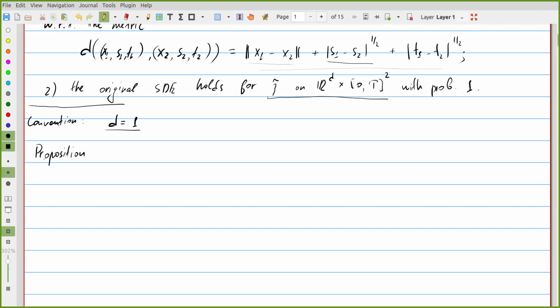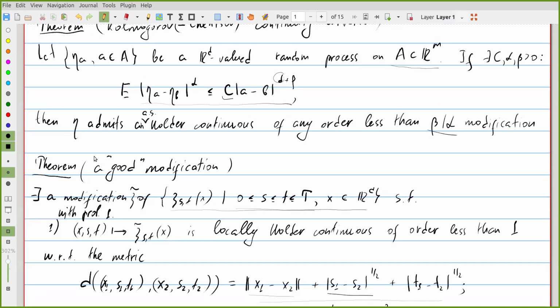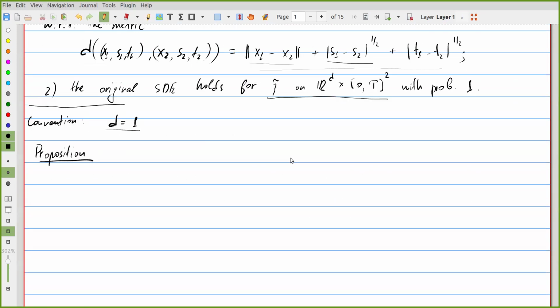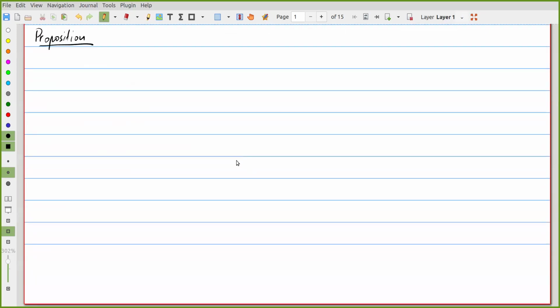This is going to link the existence of this good modification with the Kolmogorov-Chentsov continuity theorem, and essentially it will reduce it to that criterion.